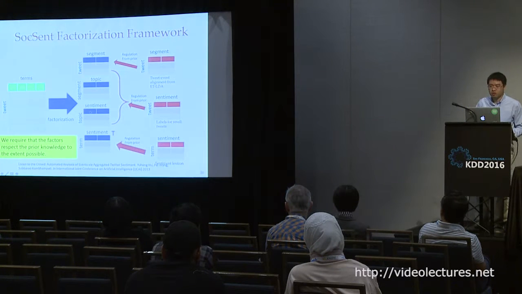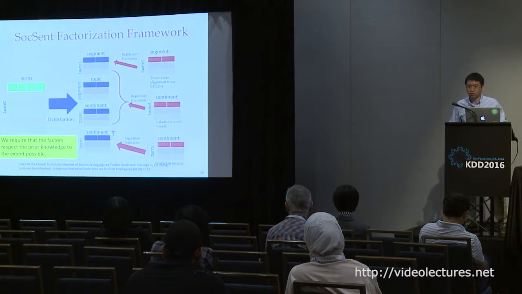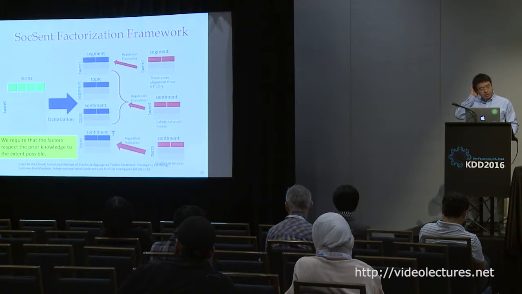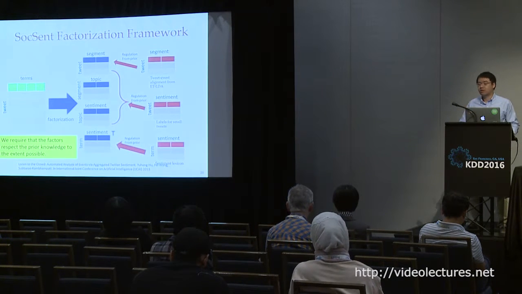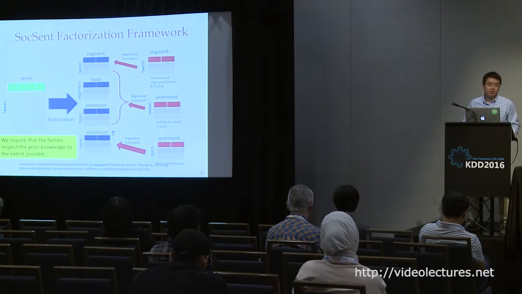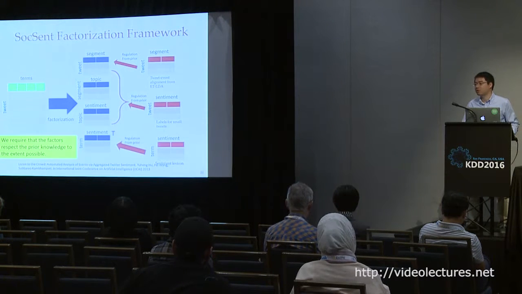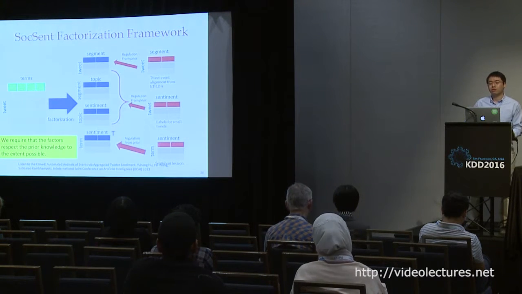So what does this prior knowledge do? I'll give you an example. Assume there is a very long integer that I want you to factorize into 4 parts. Without any restriction or prior knowledge, you can factorize it in a random way.